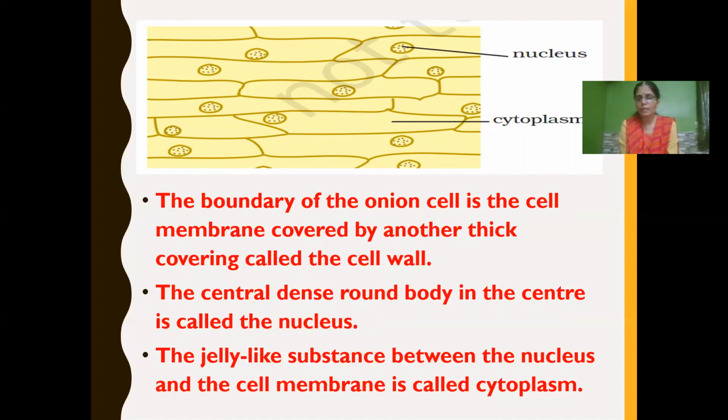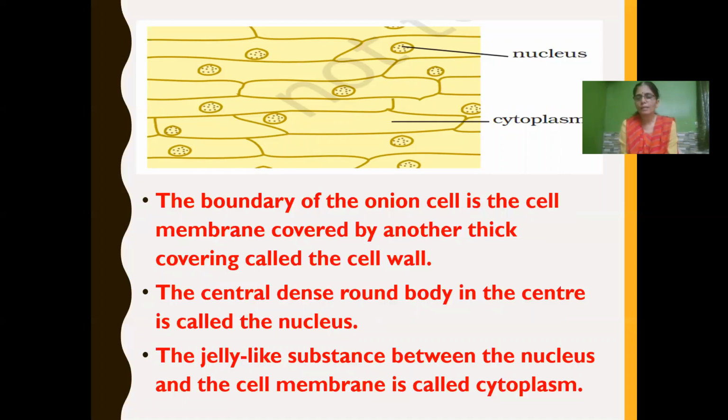Inside, the central dense, thick round body in the center is what we call the nucleus. And the jelly-like substance present between the nucleus and the cell membrane is nothing but cytoplasm.